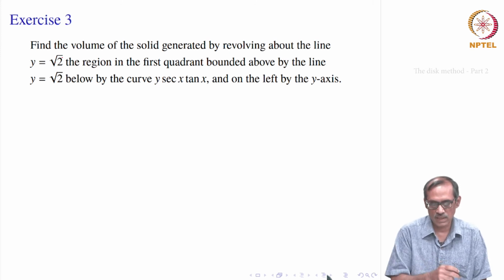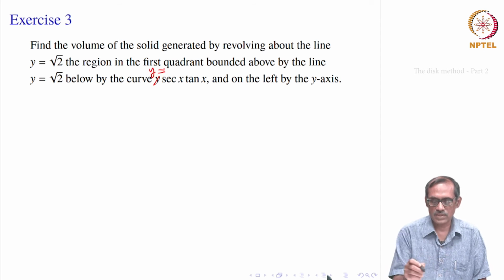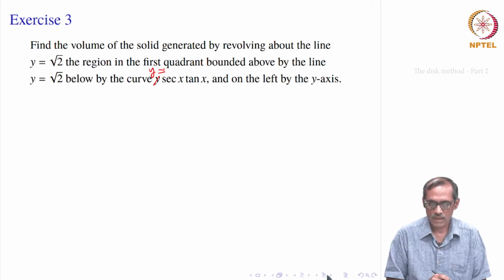So, the axis of revolution is really one of the boundaries, and below by the curve y equal to secant x into tan x, and on the left by the y axis.